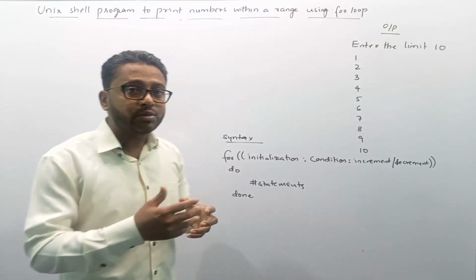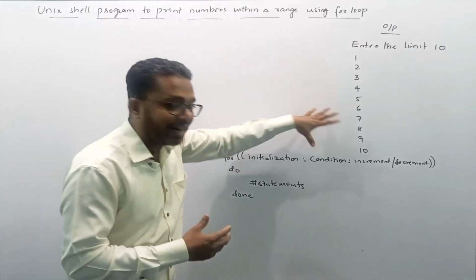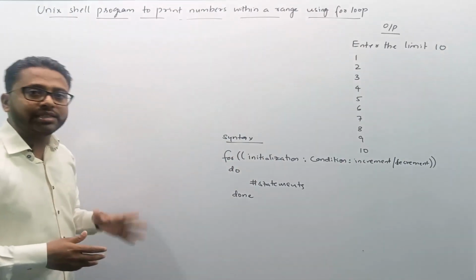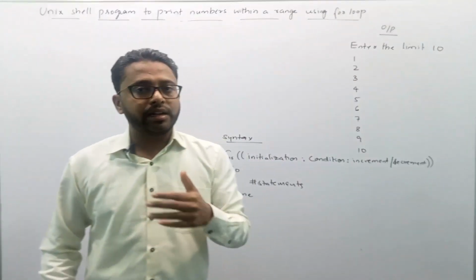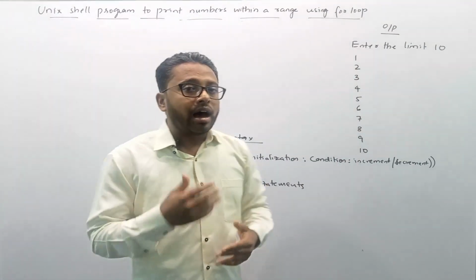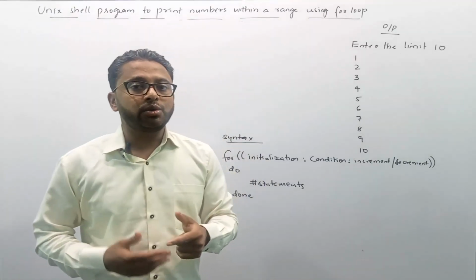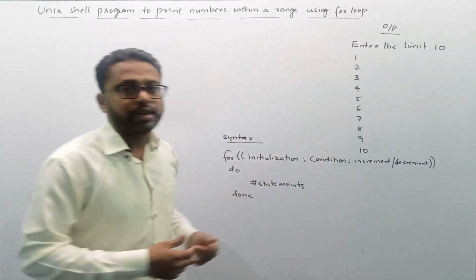So that's why we are using one of the looping constructs here to write this program to get this output. When this program gets executed, it will ask the user to enter the limit, then the user will enter 10. That means how many times does our loop need to execute? Our loop needs to execute 10 times to print these numbers from 1 to 10.